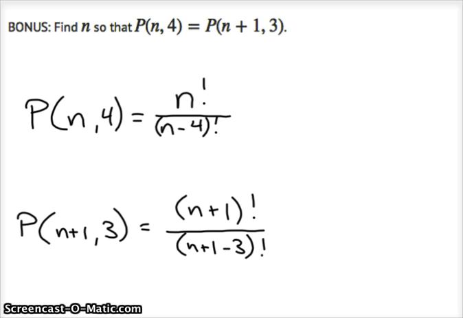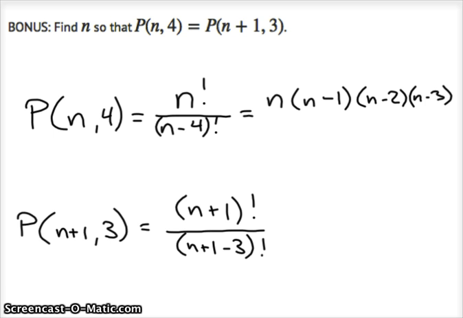Again, n factorial, if you have like 5 factorial here, would be 5 times 4 times 3 times 2 times 1. And so this is going to be the same thing as n times n minus 1 times n minus 2 times n minus 3. And then it's going to be n minus 4, n minus 5, n minus 6, except for the fact that I have n minus 4 factorial on the bottom.